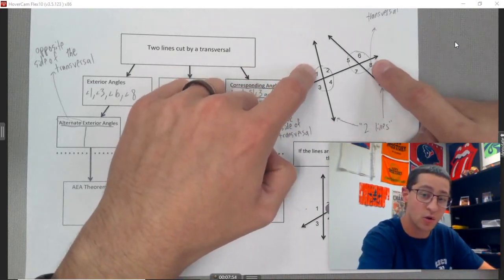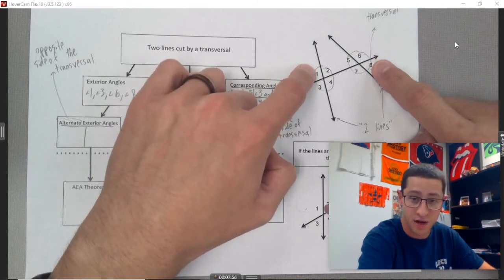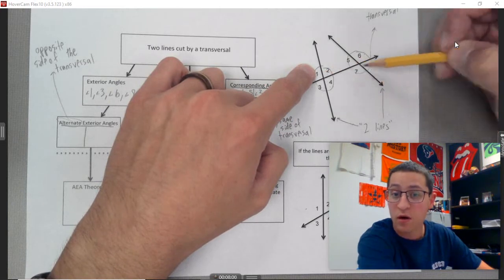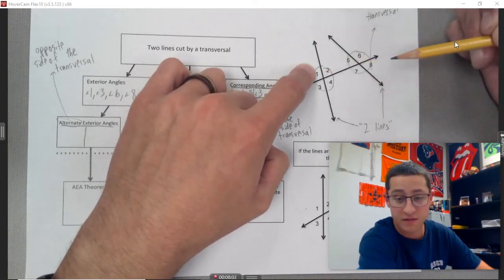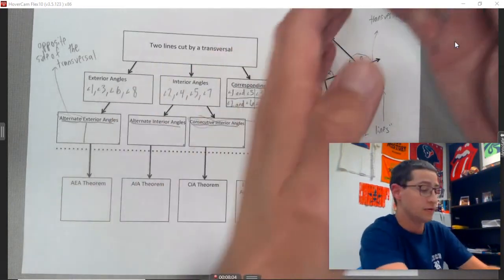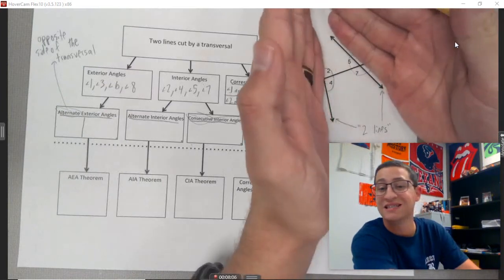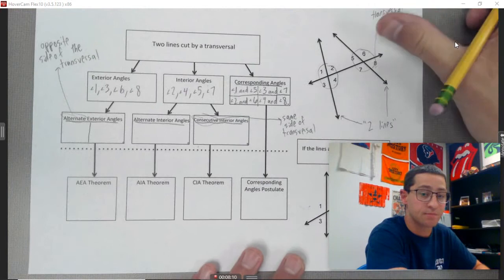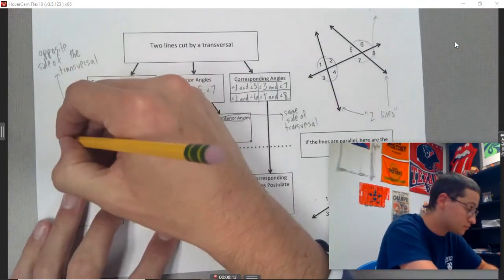So you can kind of see the pattern, right? This is 1 and 8. Those are alternate exterior angles. It's on the opposite side of the transversal. This one's on the top for 1, and this one's on the bottom, and they're both exterior. Again, the 2 lines determine my exterior and interior. So this is 1 and 8.